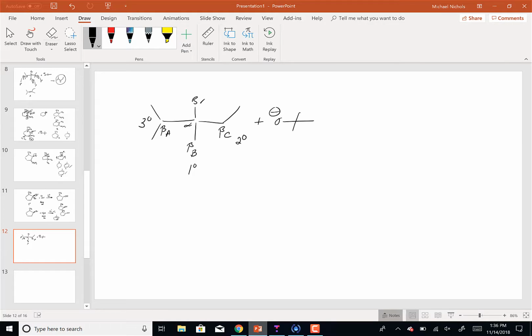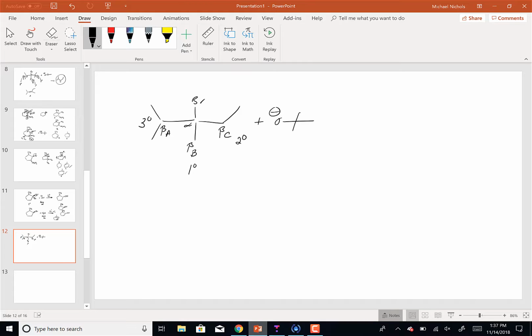So if we're looking at steric hindrance, that's going to be our first criteria. What kind of hydrogen is it? It's the carbon that it's attached to. So primary hydrogens are attached to primary carbons. So we first go primary, secondary, tertiary.